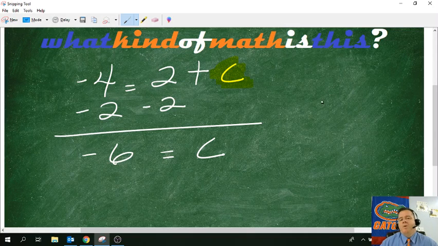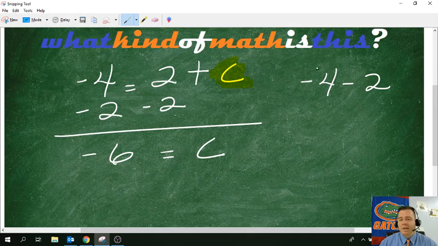Now, some of you may be getting confused, and I'll do another video on this, but understand that whenever we have a negative number and we subtract a positive, some math teachers will say a couple different things. That's negative 4 minus 2. That's really what it is. Some people say, well, it's negative 4 minus 2.